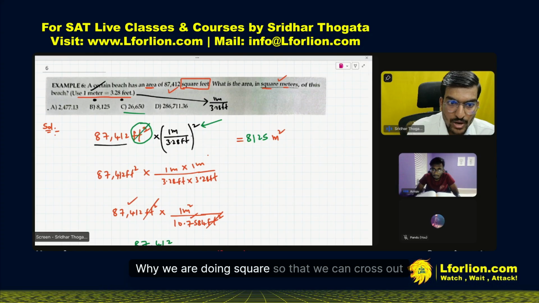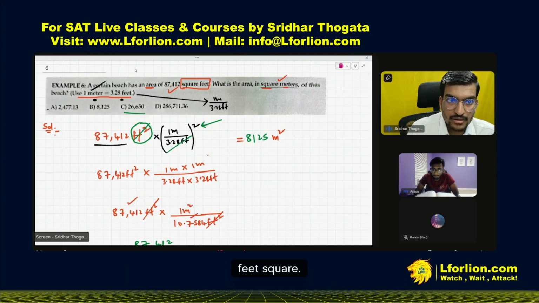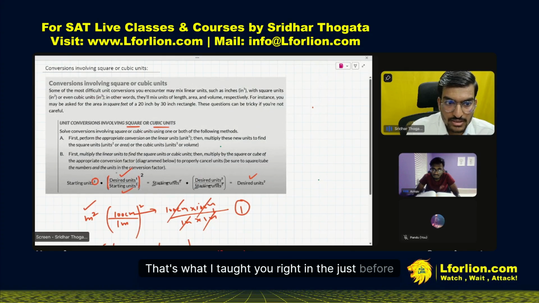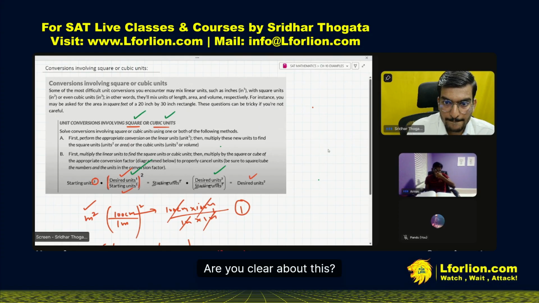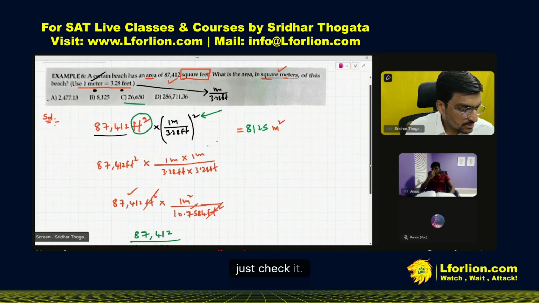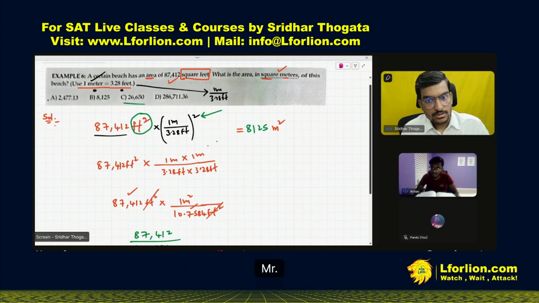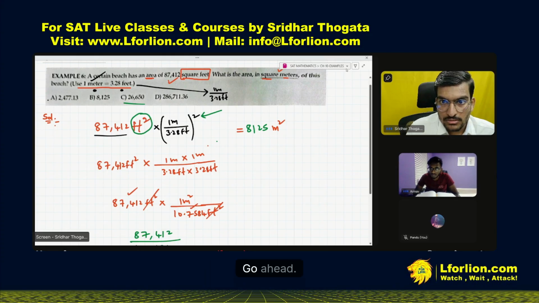Why are we squaring? So that we can cross out feet squared. That's what I taught you in the concept just before: conversion factor involving square and cube units. Are you clear about this? I'll move to the next question.